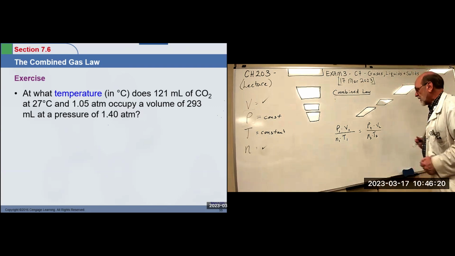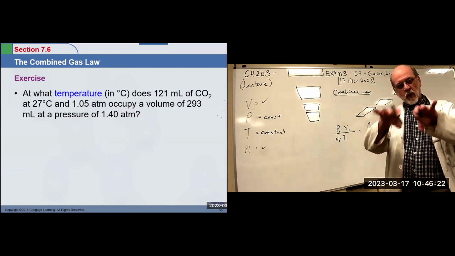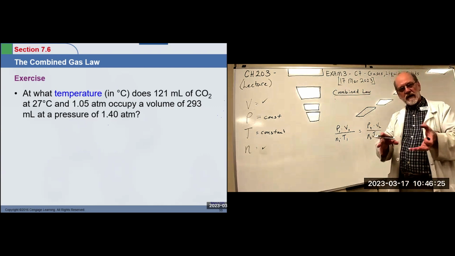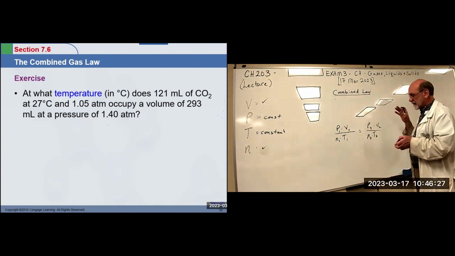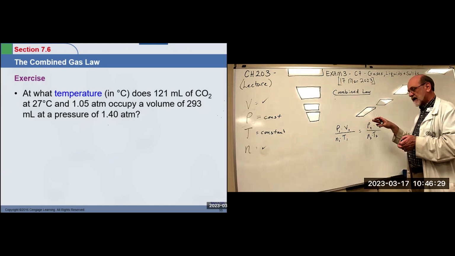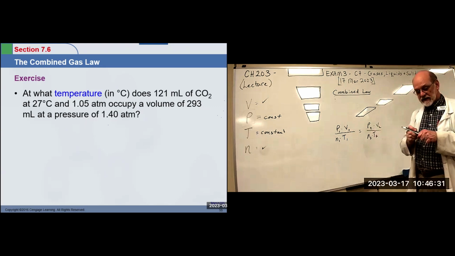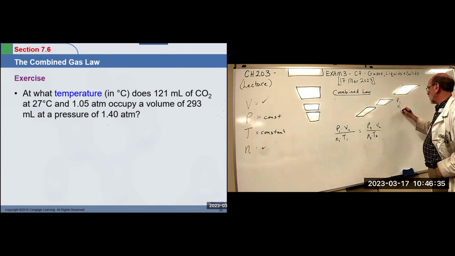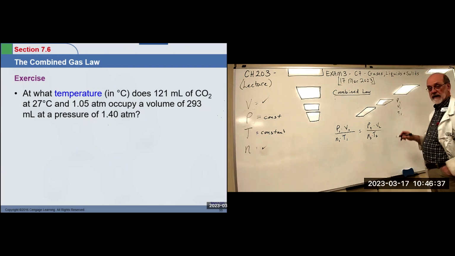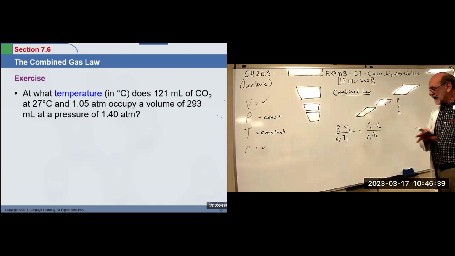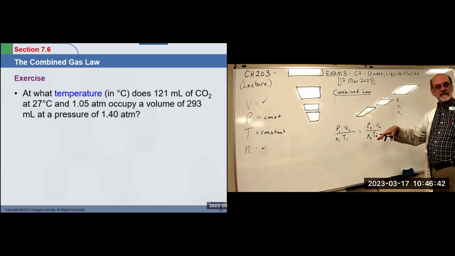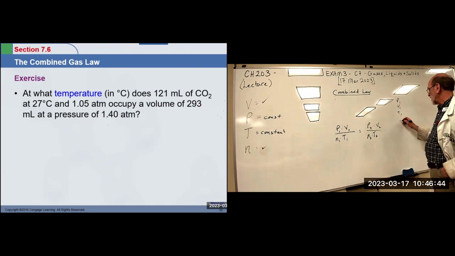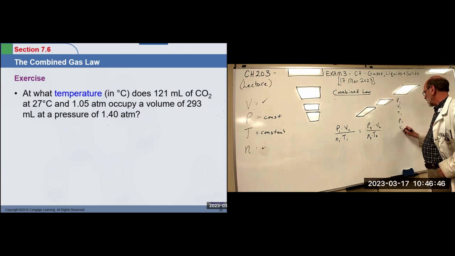When you have word problems like that, in order to get them in the right place in your formula, it's probably a good idea to set up a little table. All right, so we're going to have P1, V1, T1, and this gas is confined, so the number of moles goes out. We won't have a number of moles. And then P2, V2, T2.